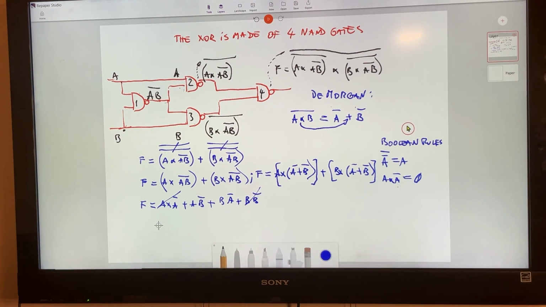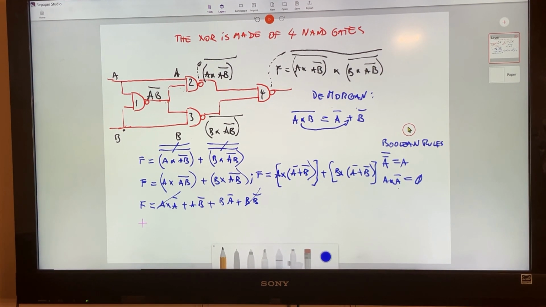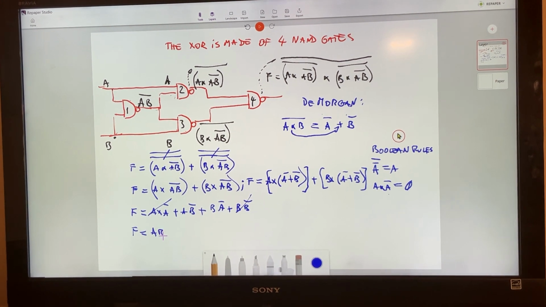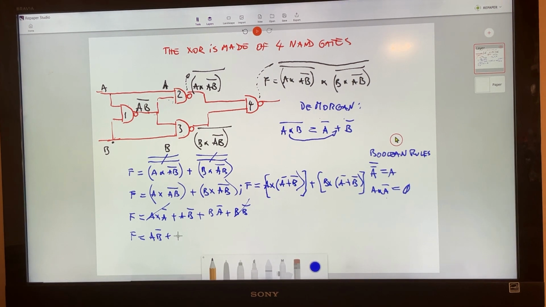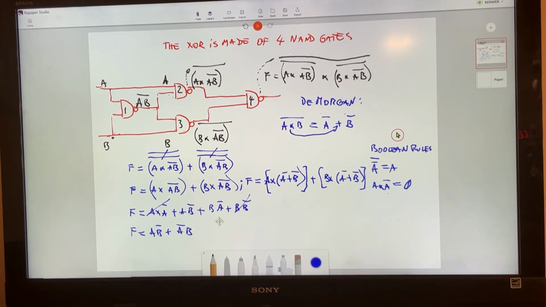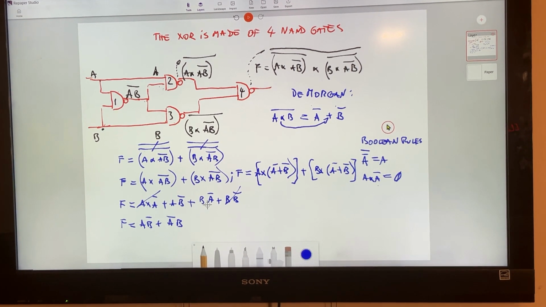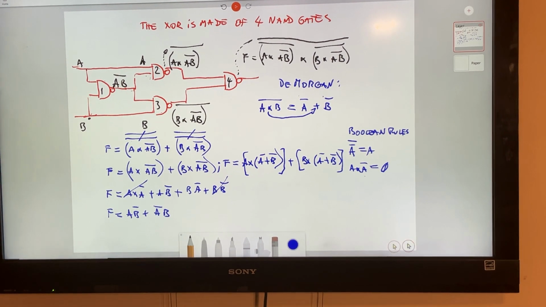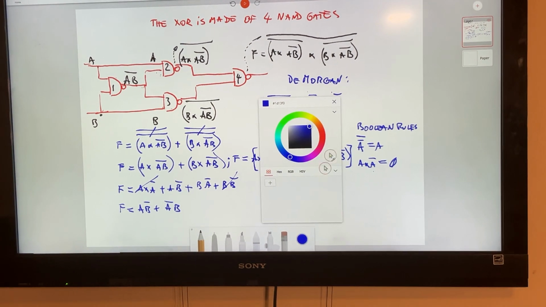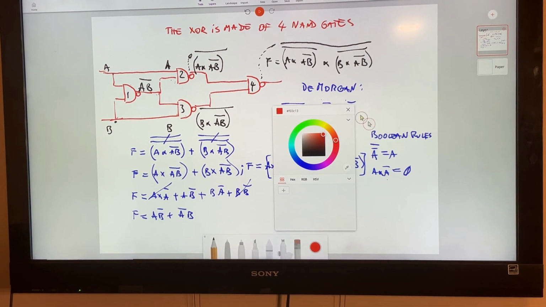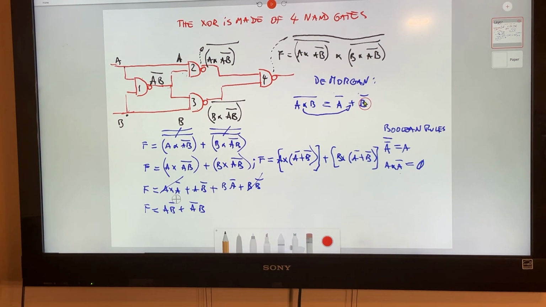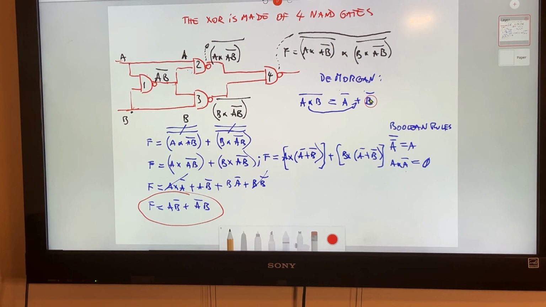And then we can have the final expression, which is function equals A B bar plus A bar B. I'm writing them from here in alphabetical order. And this, if you allow me to change the color one more time, I'm going to circle this one here.